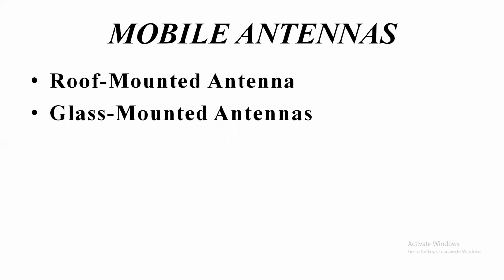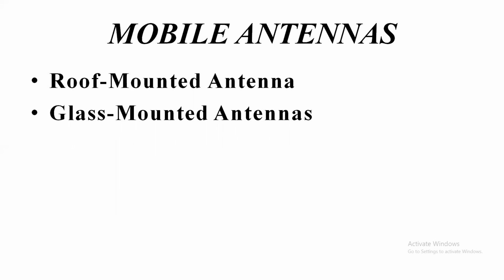Coming to the mobile antenna, so up to now we have been discussing the cell site antennas. Coming to the mobile antennas, the mobile antenna is mainly an omnidirectional antenna, which can be located as high as possible from the point of reception, right?